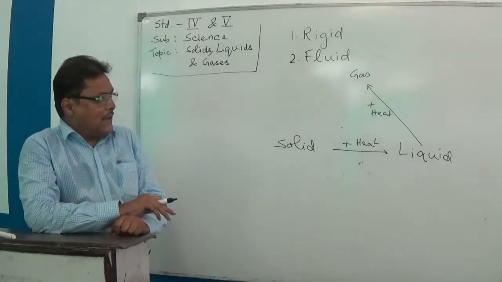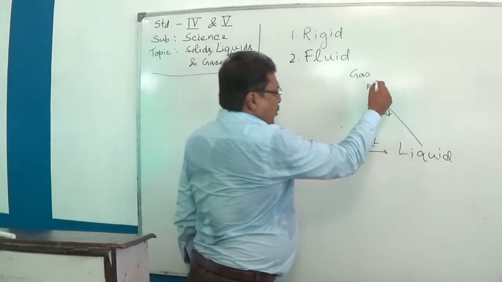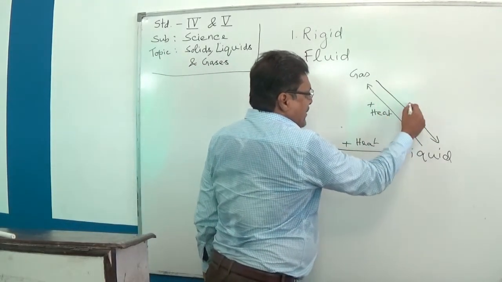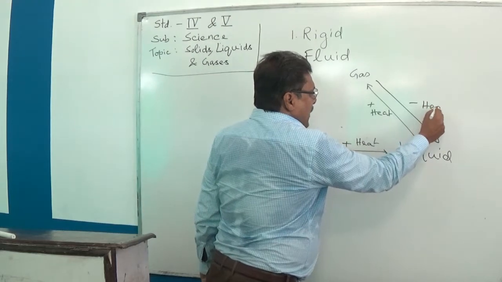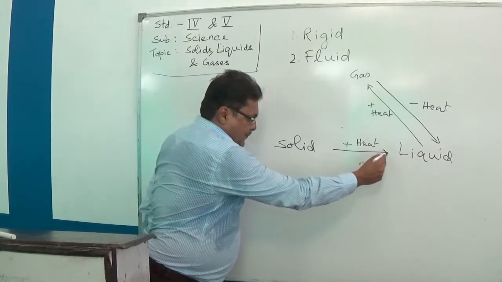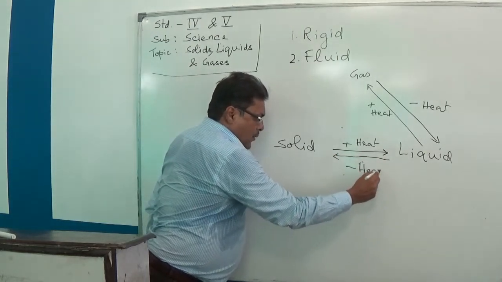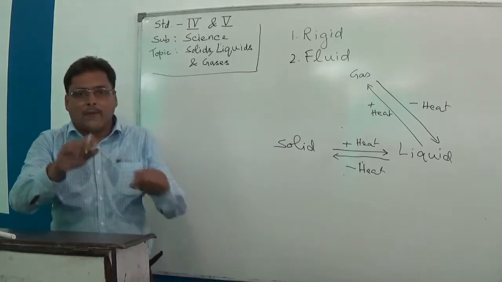Now what happens if it is the opposite? We take away heat from the gas, it again becomes liquid, and if we take away heat from the liquid, it becomes solid.